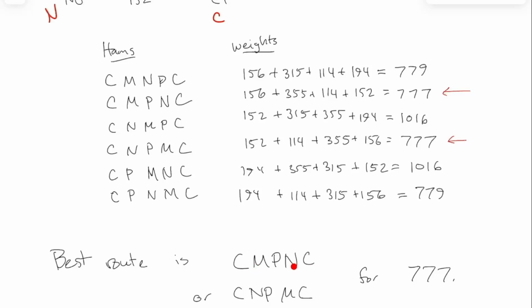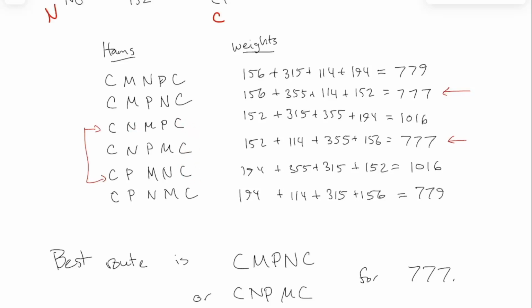Right. Is that true for the other ones? If you look at the 2 1016s, I think you switch the P and the N. Yeah. This is a good observation, and this is maybe the same as what I was going to say, but maybe a different way of explaining this. There's some relationship between these two.